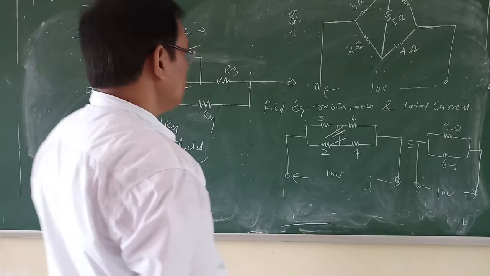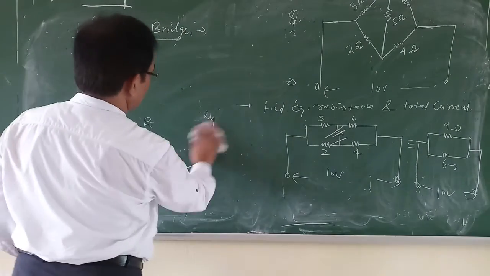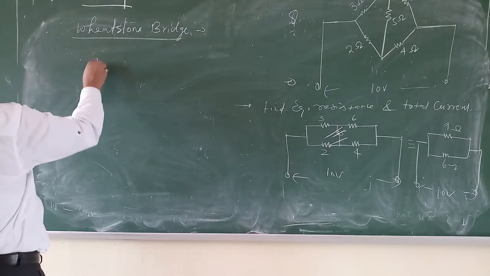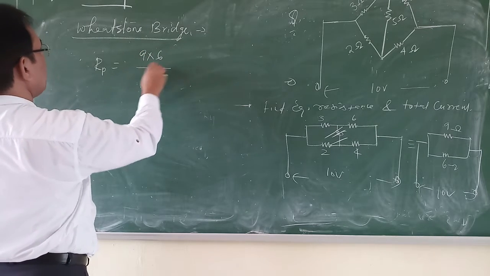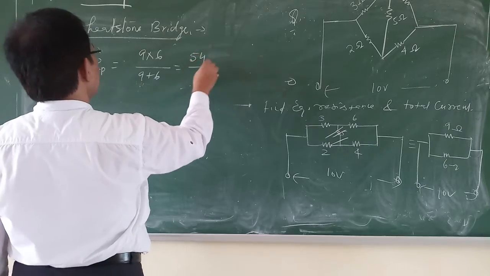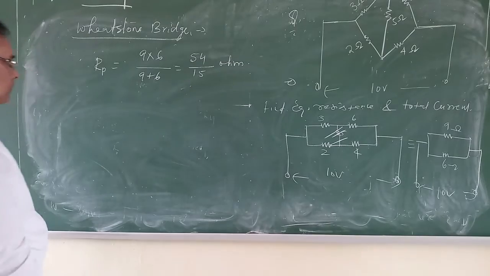And after then find the equivalent. Both are connected in parallel, so the formula is Rp equal to 9 into 6 by 9 plus 6. So 54 by 15 ohm.